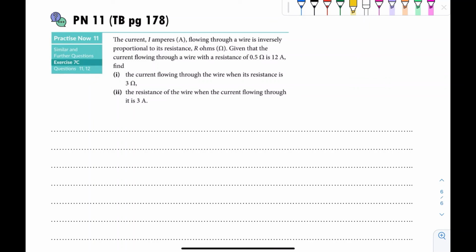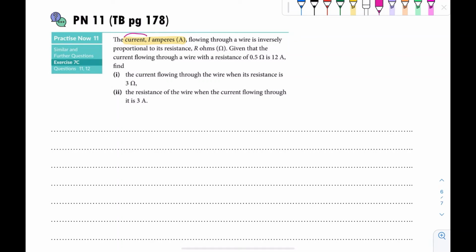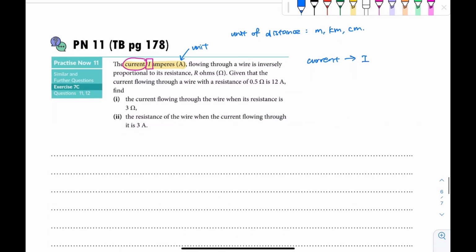In this question, it says that the current I amperes, okay, in case you don't have this covered in your physics or science lesson, I just want to briefly explain that current is a concept found in your physics or rather science lesson, and it is represented by this symbol I. So current is represented by I. This A over here is the unit of current, just like how the unit of distance is usually meters, kilometers, centimeters. So the unit of current is actually the capital letter A, right?